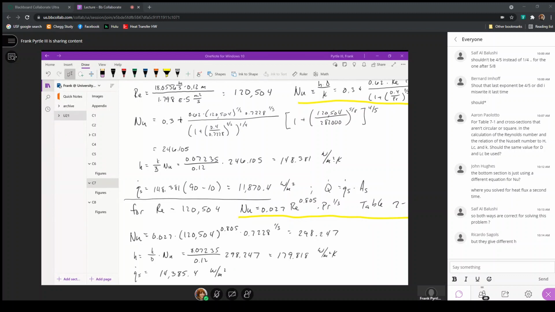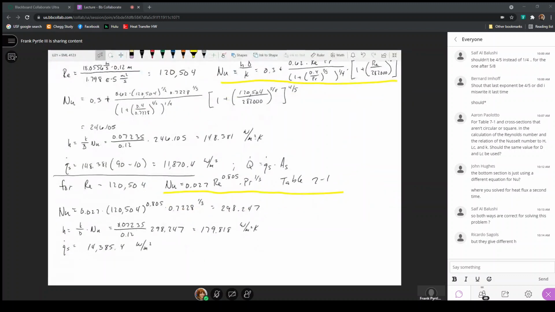The expressions that are developed are presented using dimensionless parameters, Reynolds number and the Prandtl number for the Nusselt numbers, so that these expressions are fits of experimental data that is collected.